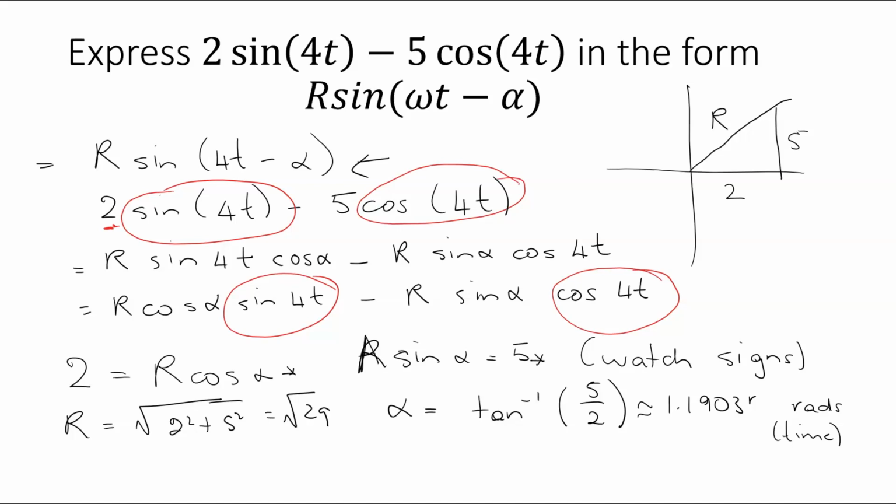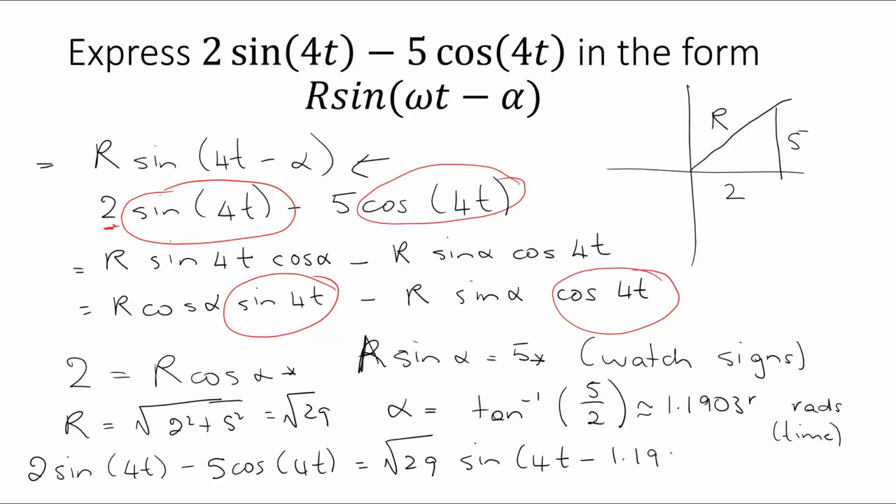So put it all together, 2 sine 4t minus 5 cos 4t is going to be equal to root 29 sine 4t minus 1.1903. The beauty of having it in this format is that we could now solve this if this was an expression where it's equal to some other number. That's why we would be doing it. Okay, all done.